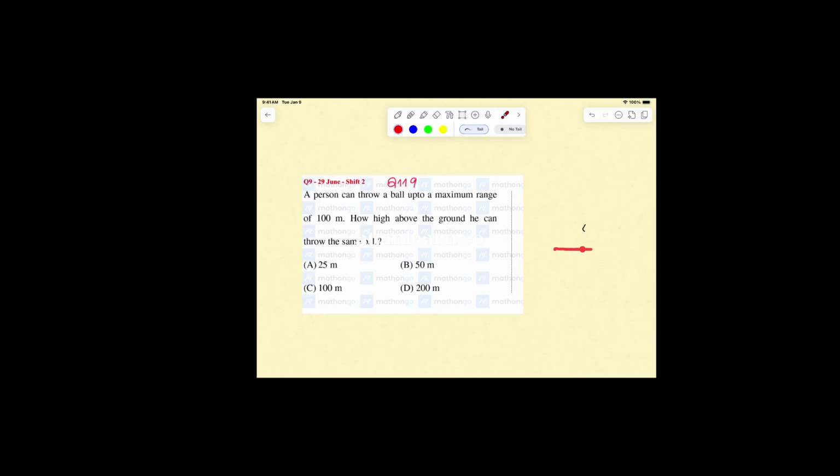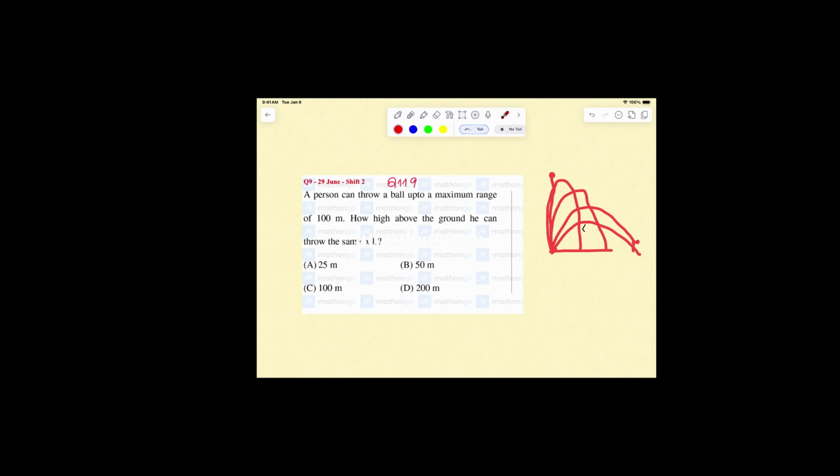That is, u squared by g equals 100. What is u squared by 2g if it goes to the maximum height and then comes back down? As I said, any projectile with the same u will go like this if it is at an angle. Then increase the angle, and it will go like this.